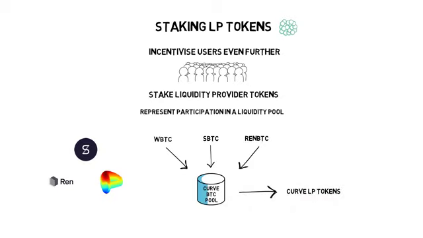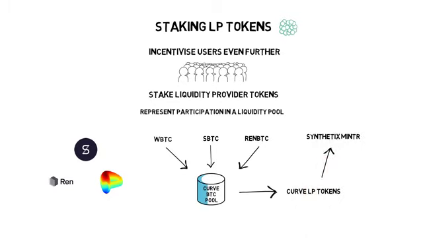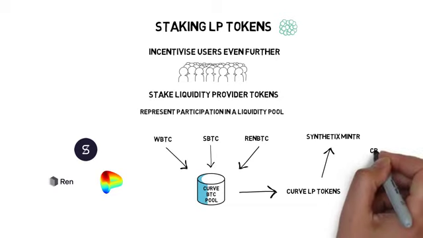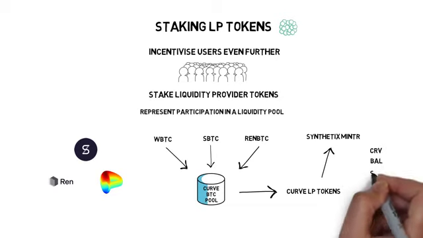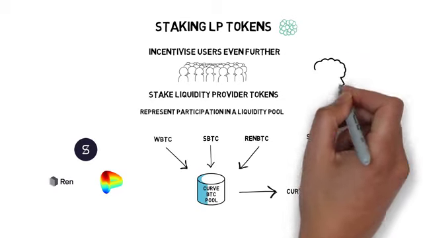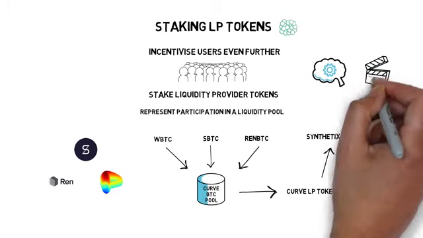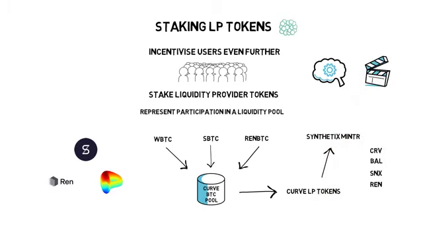These tokens can be staked on Synthetix Minter, where farmers can be further rewarded in CRV, BAL, SNX, and REN tokens. Yeah, I know, this is getting quite complicated, and we'll create another video to explain how liquidity pools actually work.